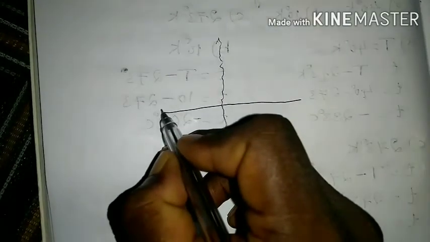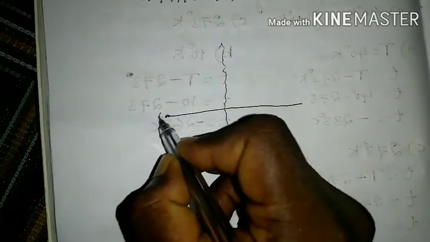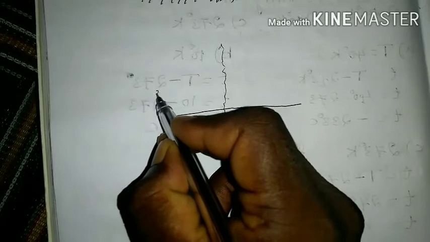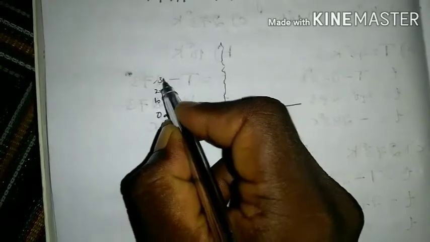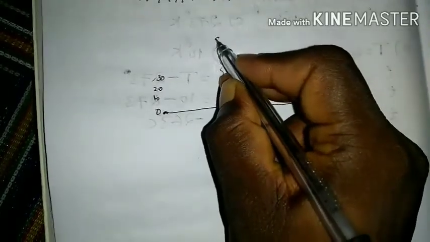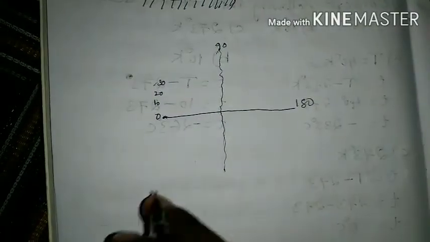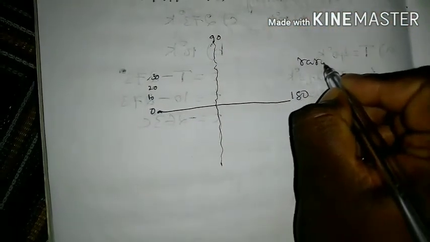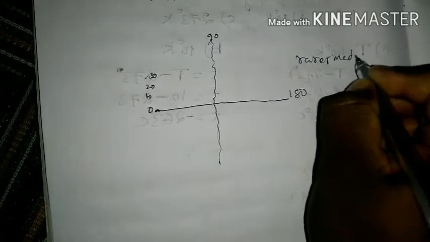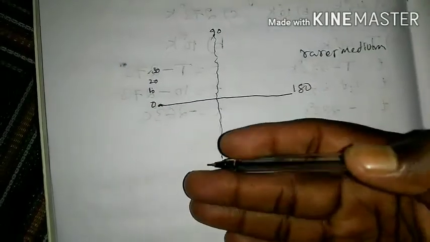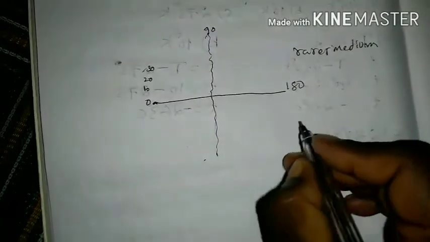Horizontal line here is 0, then 10, 20, 30, up to 90 at the normal line, and 180 degrees at the end. The upper side is the rarer medium and the downside is the denser medium.